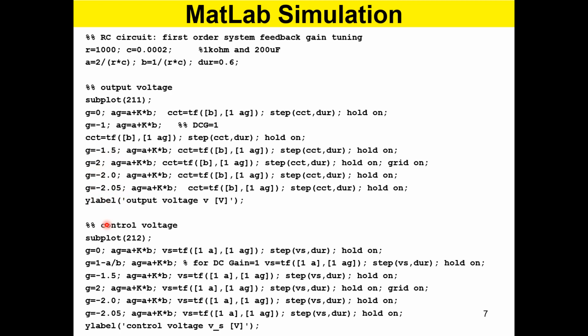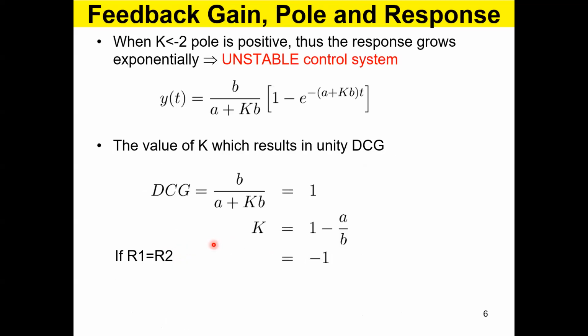So we just want to pick up some numerical values in those areas and put over here for G. And the control voltage is Vs. So how do we calculate control voltage?